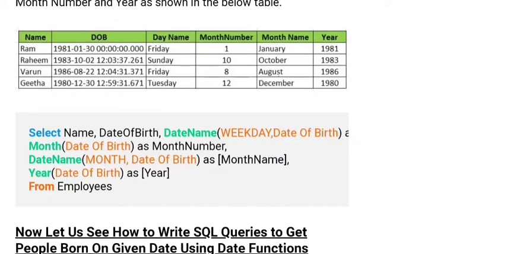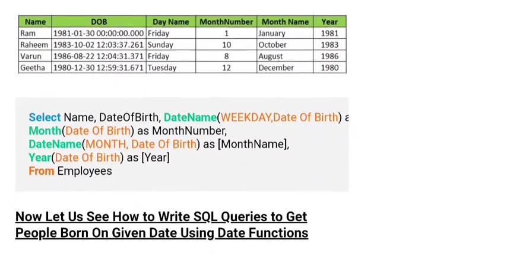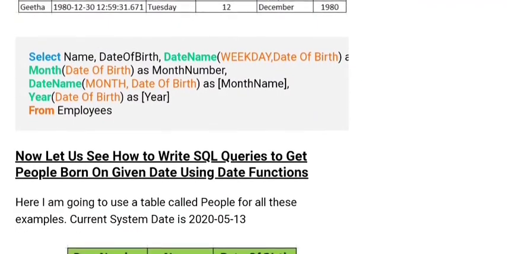If you observe this table, the first two columns are straightforward, name and date of birth, and our calculation starts from the next columns: day name, month number, month name and year. You know all the functions to return these values, so our query is going to look like this.